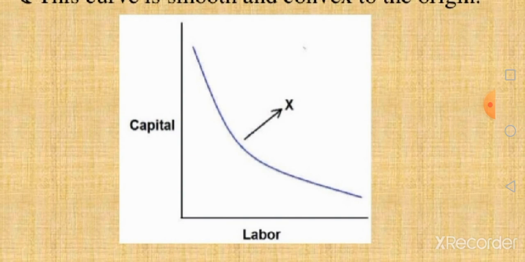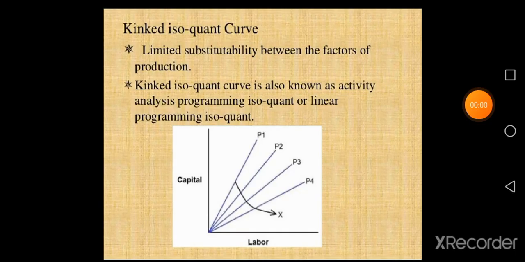The next type of isoquant curve is the kinked isoquant curve. What is the kinked isoquant curve? It is the isoquant curve which forms by the help of limited substitutability between the factors of production. The kinked isoquant curve is also known as activity analysis programming isoquant or linear programming isoquant.